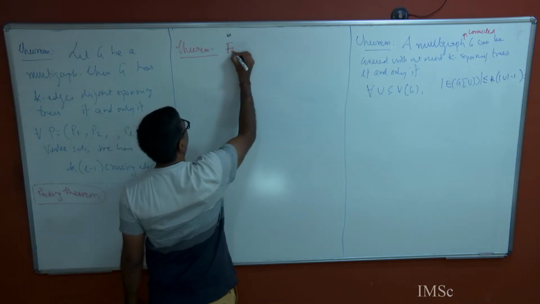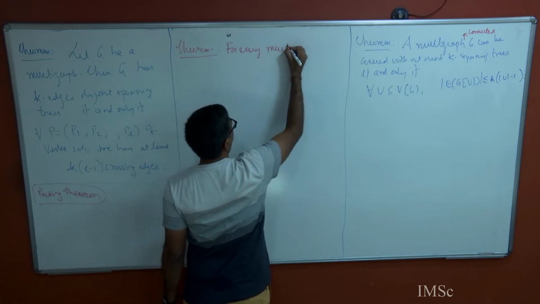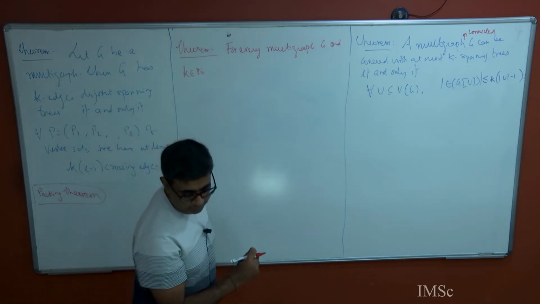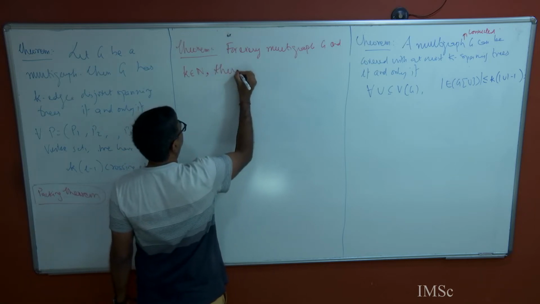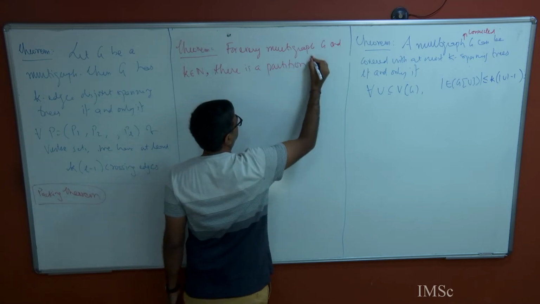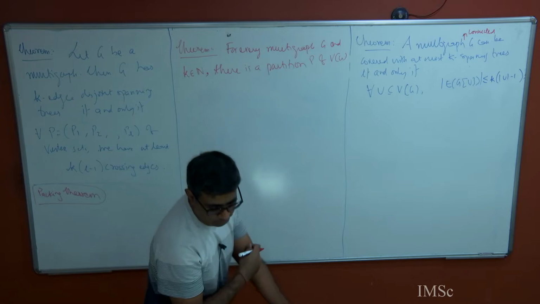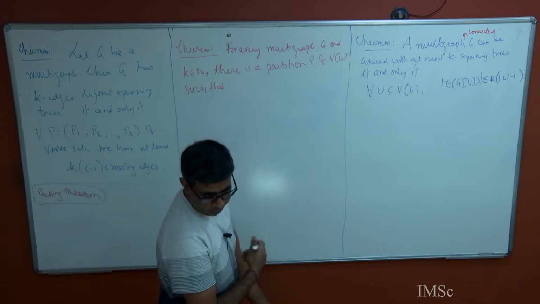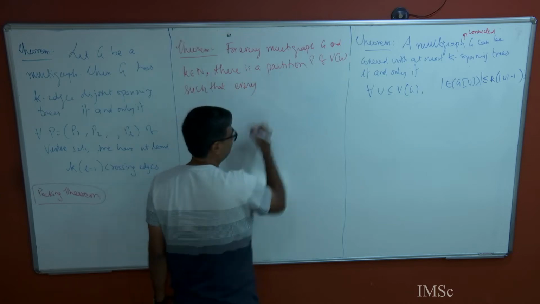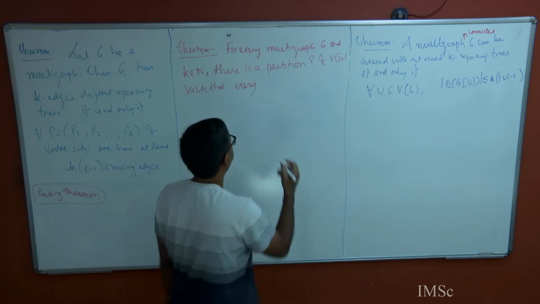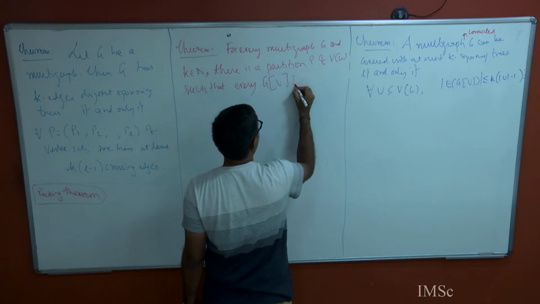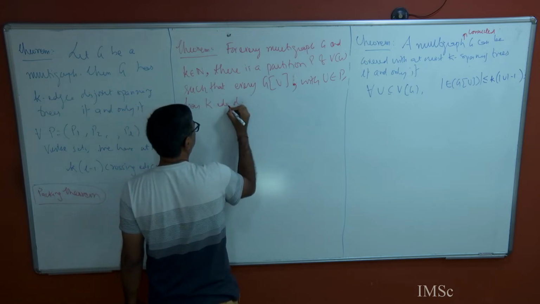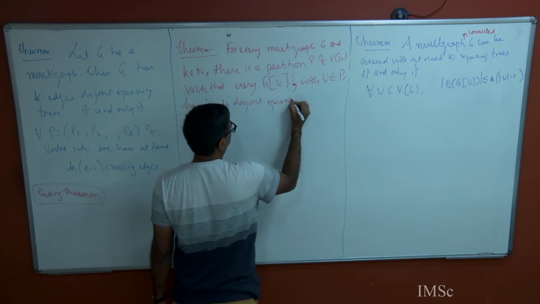Okay. So what does this theorem say? For every multigraph G and k a natural number, there exists a partition P of V(G) such that every graph induced on U, with U in P, has k edge disjoint spanning trees.